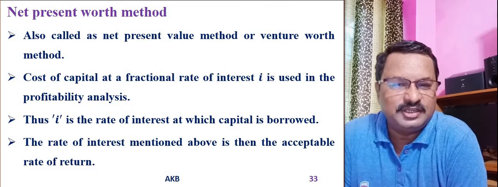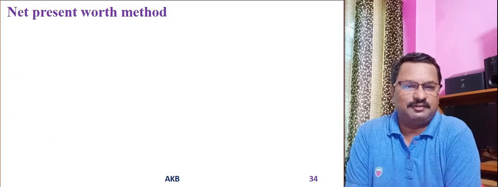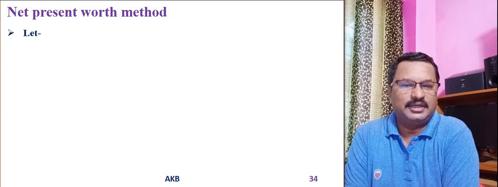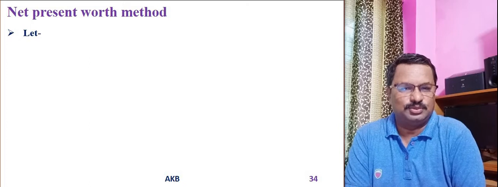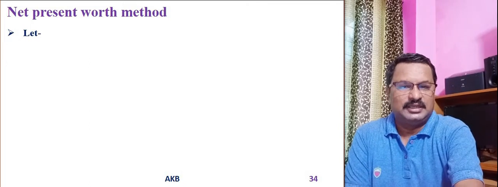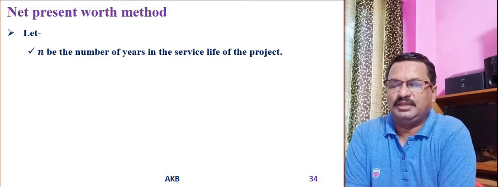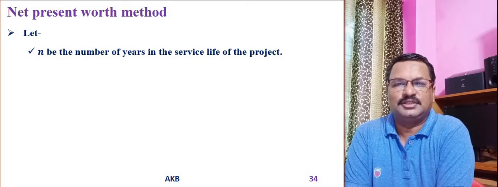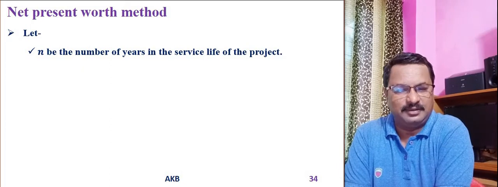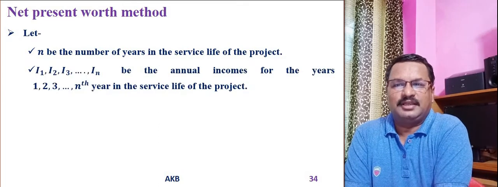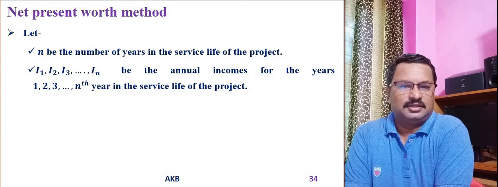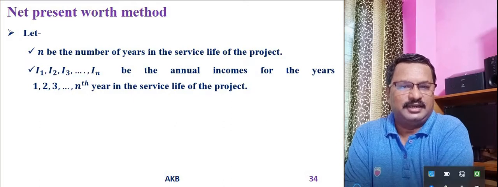Now we will be deriving the equation that will be used in calculating net present worth of a particular project. For that purpose, we are going to use certain notations. We will identify the number of years in the service life of the project by N. Then we will identify annual incomes by I1, I2, I3 and finally IN.